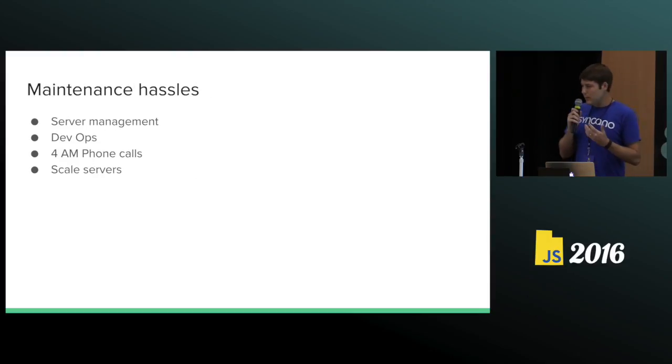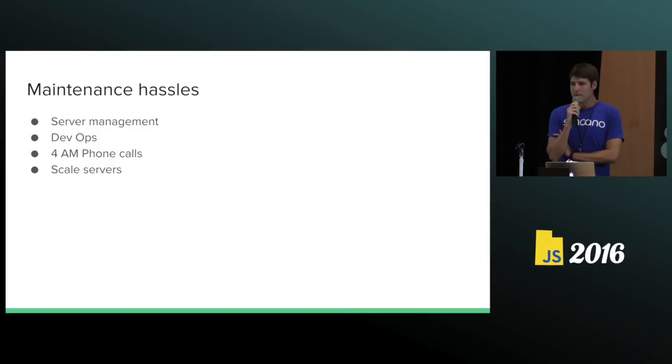Then you run into different maintenance hassles with this model, right? If it's a small company, a lot of times you're doing DevOps yourself, or some other developer is doing that part-time. If you're a larger company, you have a dedicated DevOps team, but you still have to manage these servers.